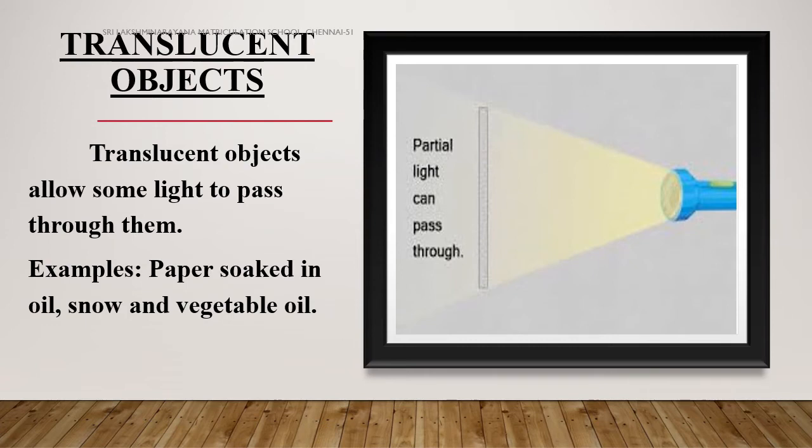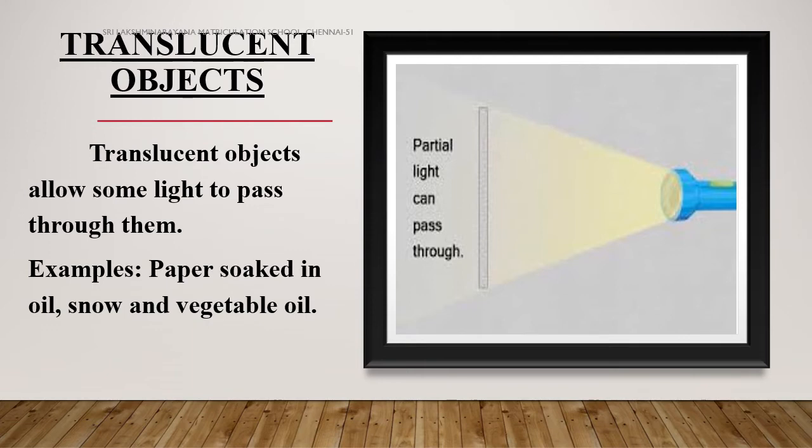Now, translucent objects. The objects which allow some light to pass through them are called translucent objects. So, we cannot see the objects clearly, but we see them as blurred images through them.